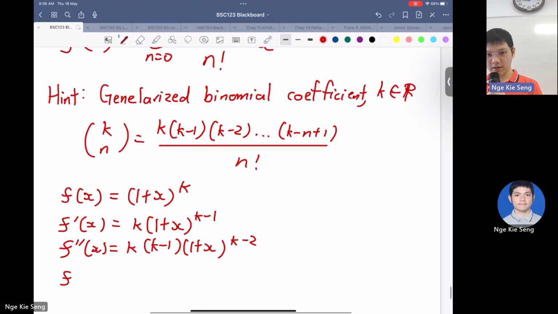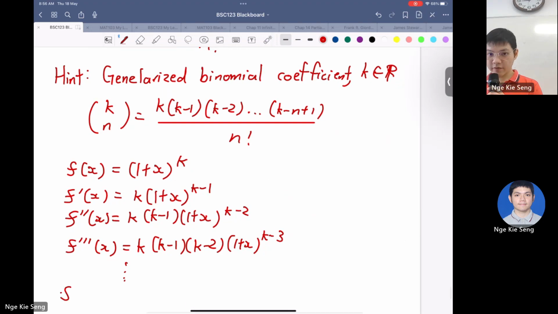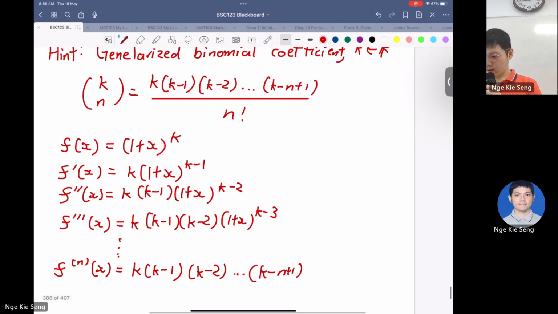You keep dropping the power. And then for the nth term it is k times (k minus 1), (k minus 2), up to (k minus n plus 1), times (1 plus x) to the power k minus n.